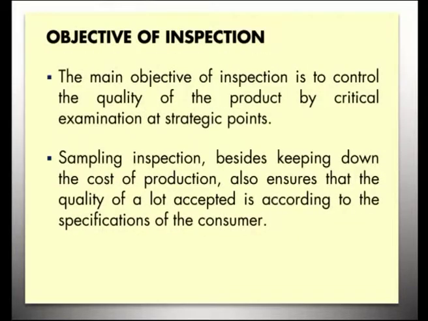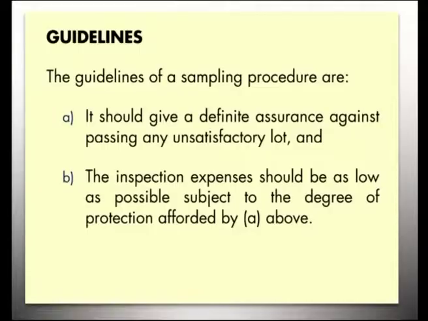What is the basic objective of inspection? The basic objective of inspection is to control the quality of the product by critical examination at strategic points. Sampling inspection, besides keeping down the cost of production, also ensures the quality of a lot accepted is according to the specifications of the customer. What are the guidelines to be followed when you are inspecting?